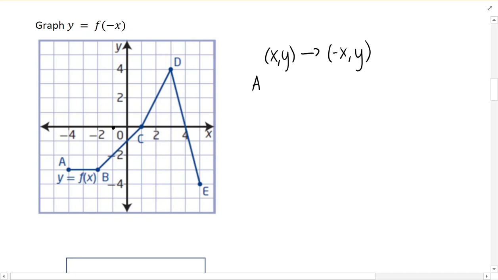So here we do have A is (-4, -3), B is (-2, -3). This is exactly the same set of points as before.